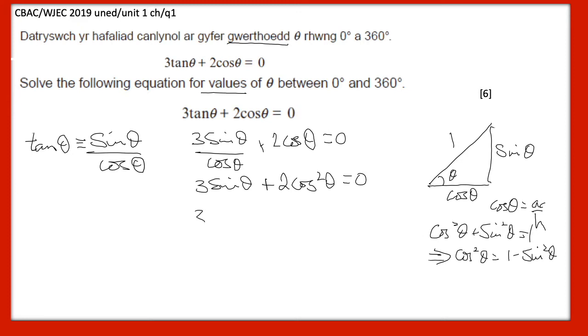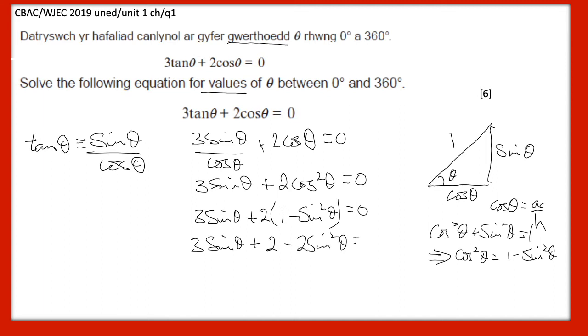So I'm going to change this to 3 sine theta plus 2 bracket 1 minus sine squared theta equals 0. Expand it out, so it's 3 sine theta plus 2 minus 2 sine squared theta equals 0.